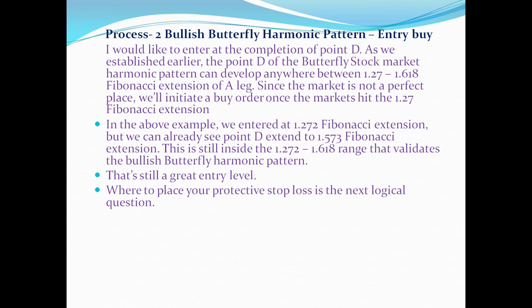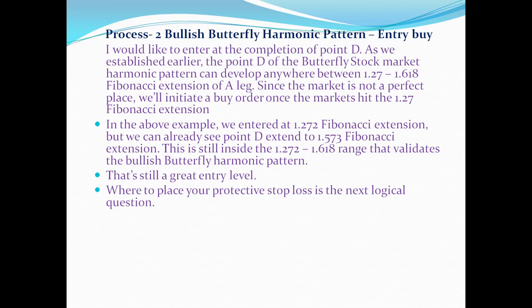Bullish butterfly harmonic pattern, buy entry. As we established earlier, D point of the butterfly stock market harmonic pattern can develop anywhere between 1.27 to 1.618 Fibonacci extension of A leg. Since the market is not a perfect place, we will initiate a buy order at the 1.27 Fibonacci extension.